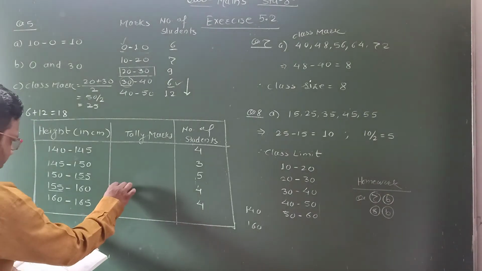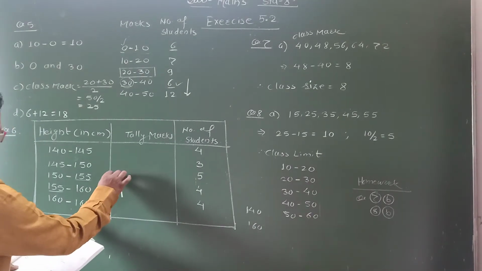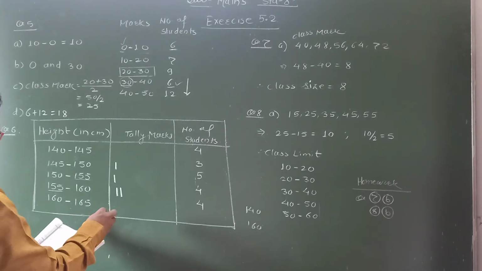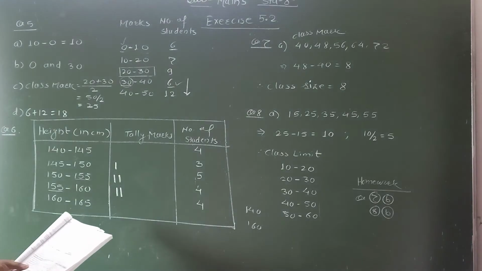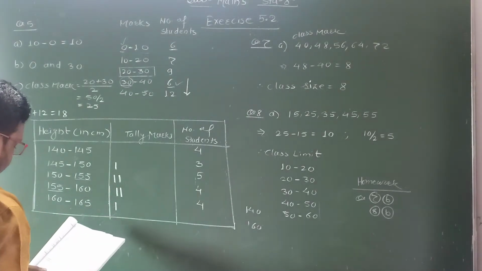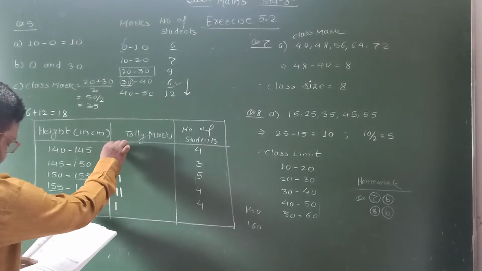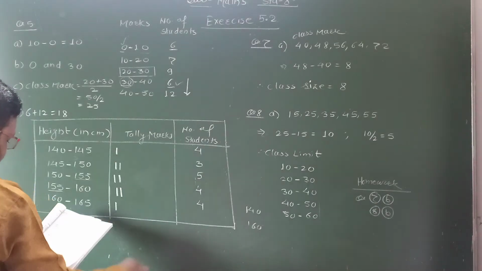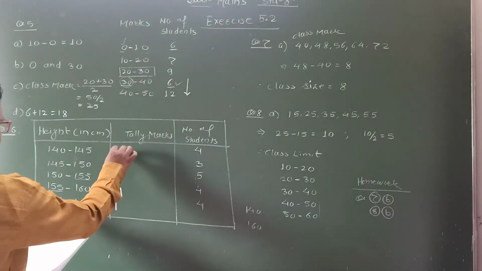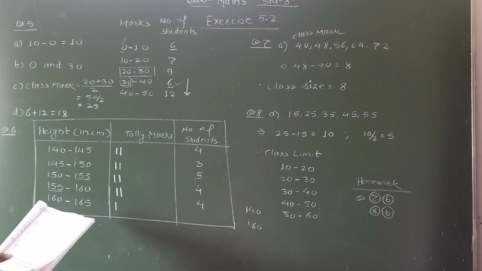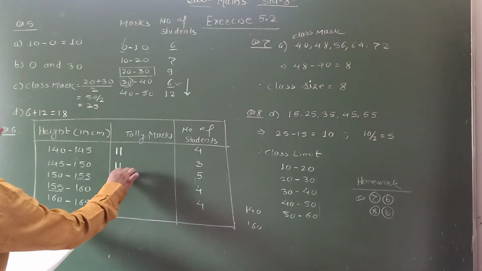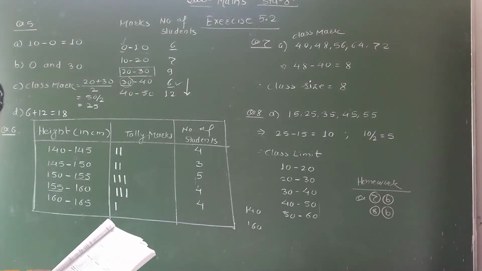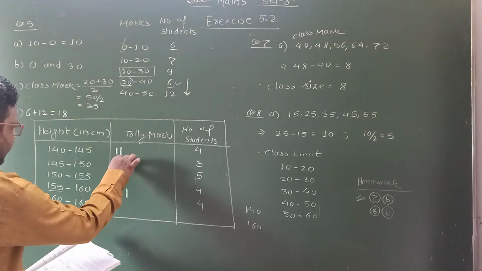Then 158 here only. Then 152, 152 here. 147 here it will come. Then 153. Okay, 162 it will come here. Then 144. 144. Then 148, 148 here. 141. 150, it will come in this class interval. Then 157, then 145, it will come here.